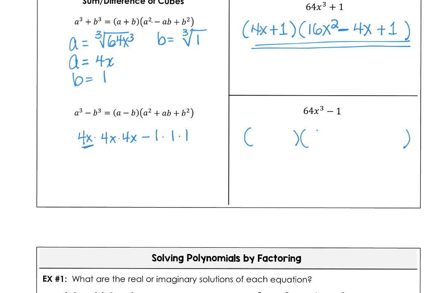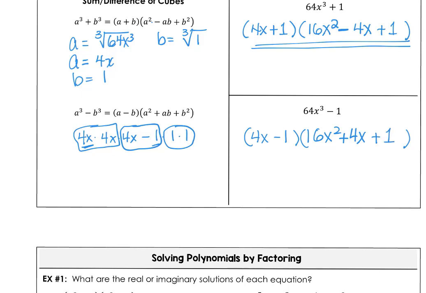So our players are 4x minus 1, or 4x and negative 1, and then two terms at a time: 4x times 4x, 4x times negative 1, and do the inverse operation, so we add, and then 1 times 1, that's always positive on the last.